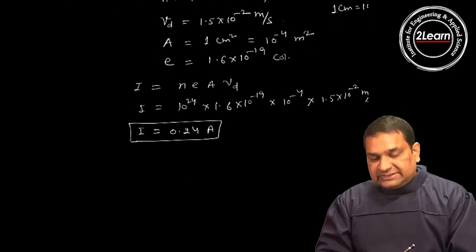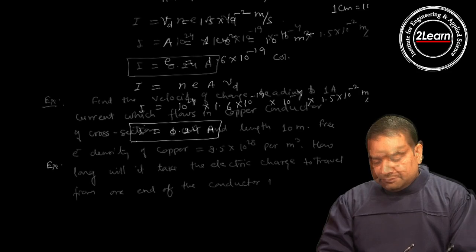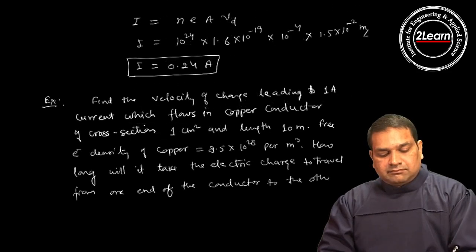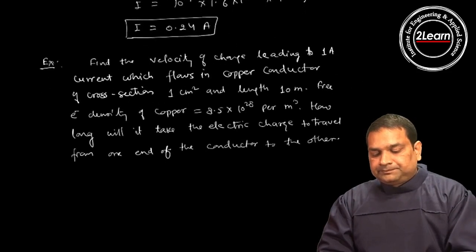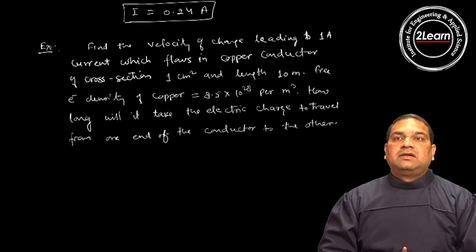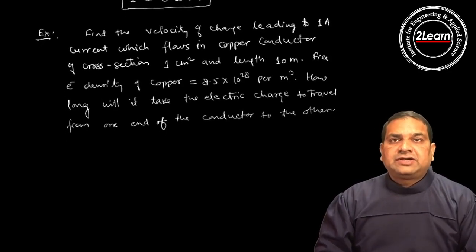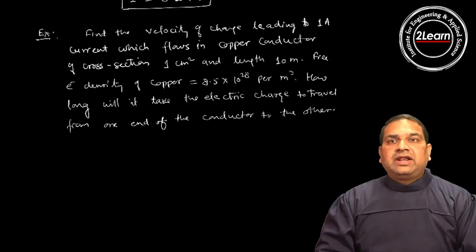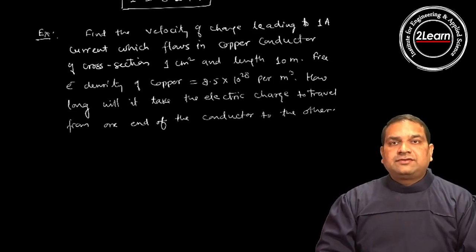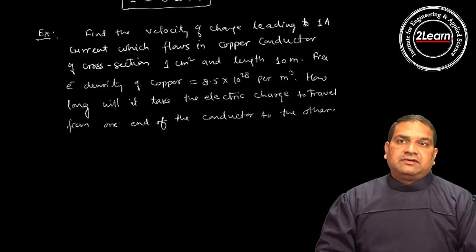Now consider another example. Find the velocity of charge leading to 1 ampere current which flows in a copper conductor of cross section 1 centimeter square and length 10 meter.